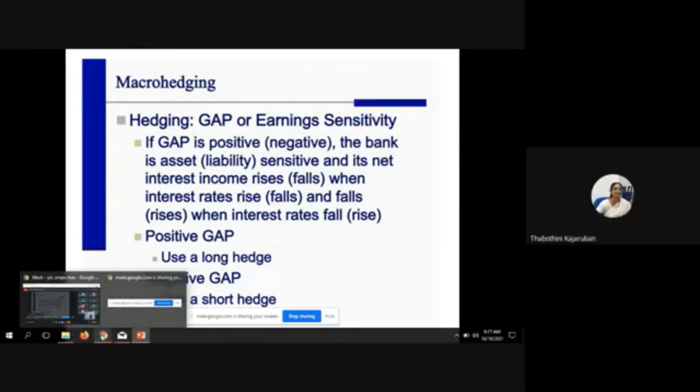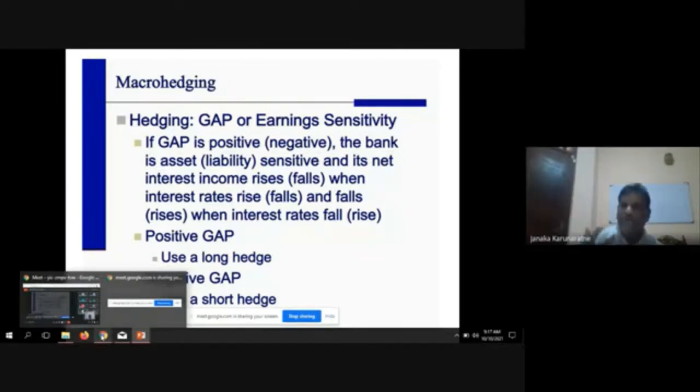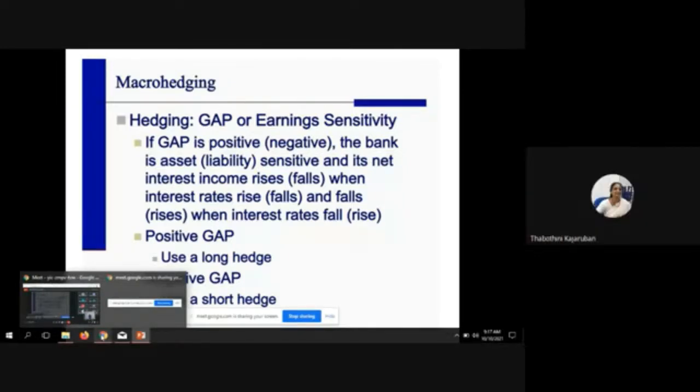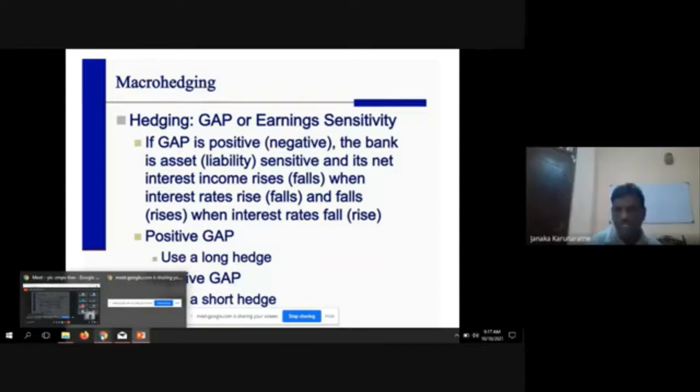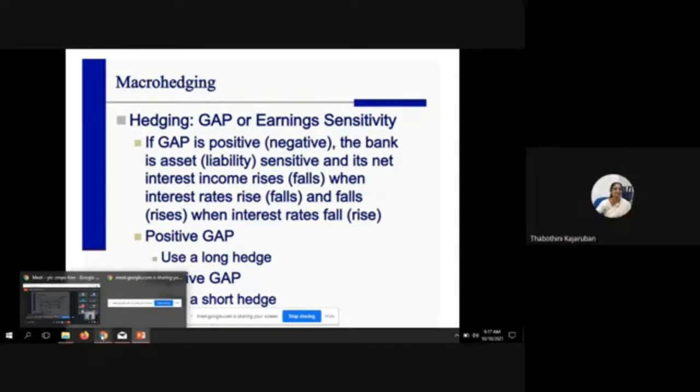Yes, cumulative gap ratio is the cumulative gap divided by the total assets. Okay, that's right. So a positive gap means rate sensitive assets are higher, and therefore if interest rates increase, the net interest income will be affected.